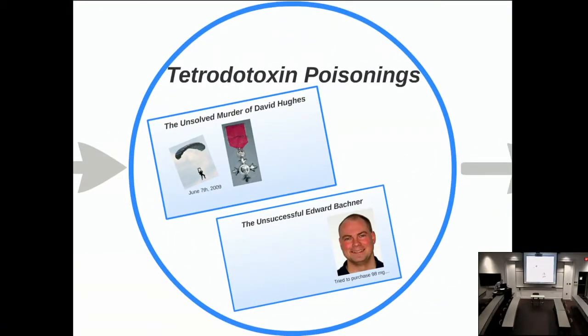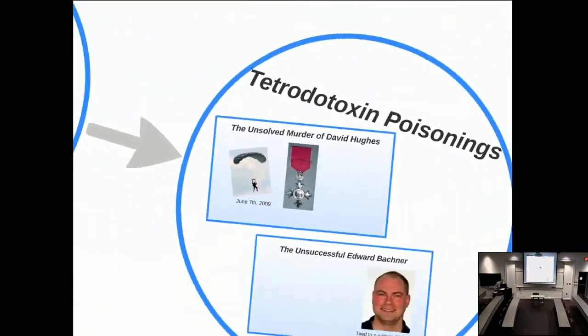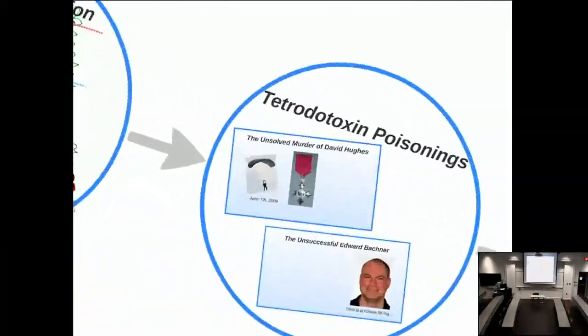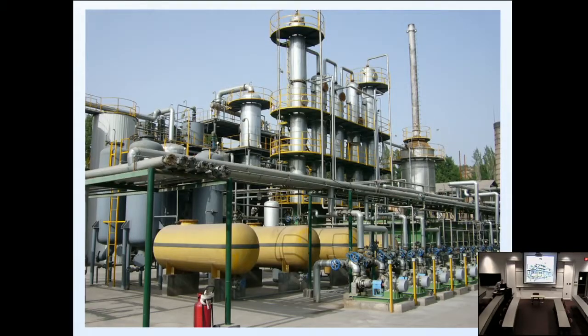And so some famous tetrodotoxin poisonings were the unsolved murder of David Hughes, who was actually an ex-paratrooper. And he comes from Northamptonshire of the United Kingdom. He was a decorated paratrooper, and once he got out of the military, he became an entrepreneur, and what he wanted to do was to try to set up a biodiesel plant.